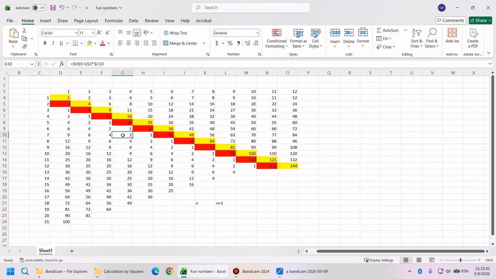So 1 times 2 is 2, 2 times 3 is 6, 3 times 4 is 12, and 4 times 5 is 20. So that's how it works when you are on the red one. And with these two facts, you can actually calculate numbers starting high and then reducing it over time.